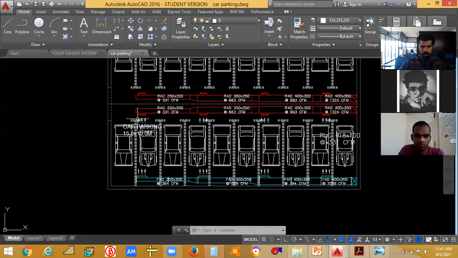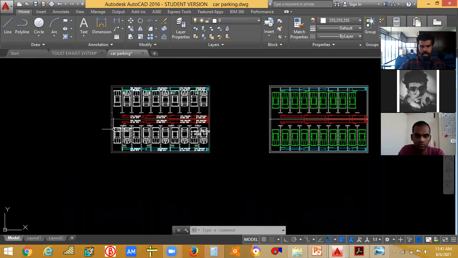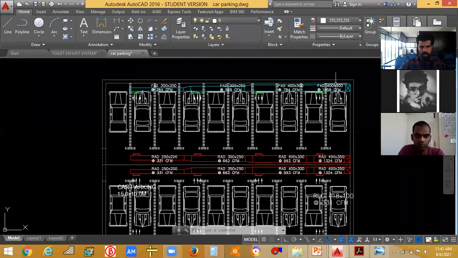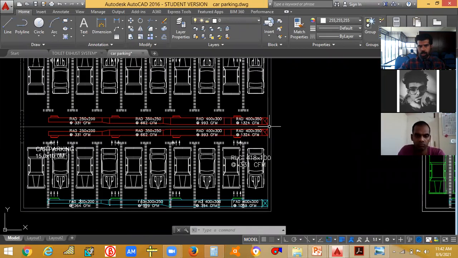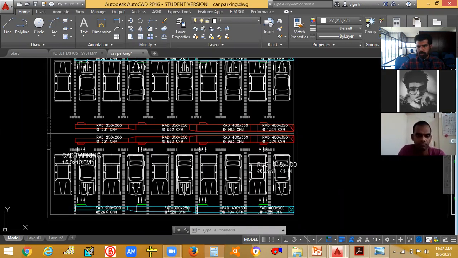So here the length is 15 meter and width is 10 meter, and you have got the total CFM of this complete car park. Now it is equally divided into 2. So just divide the CFM into 2. So half of this total CFM will be coming to this compartment, and half of the total CFM will be coming to the other compartment.